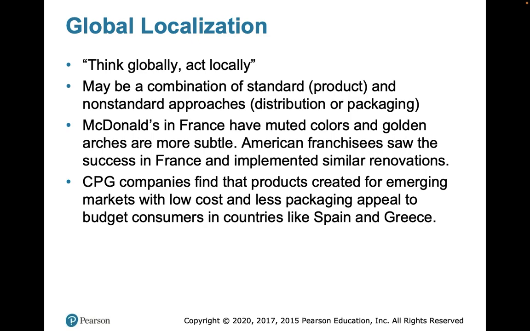I think now they kind of added more colors to it, like orange or blue. I'm not so sure. But then in different parts of the world, the McDonald's brand has tried to also adopt the local way, which is acting locally to suit the people, to represent them.